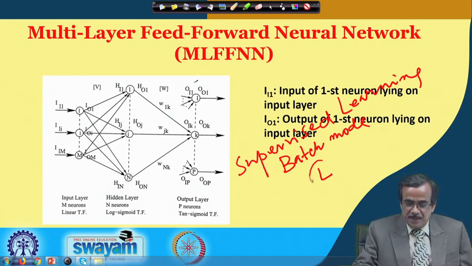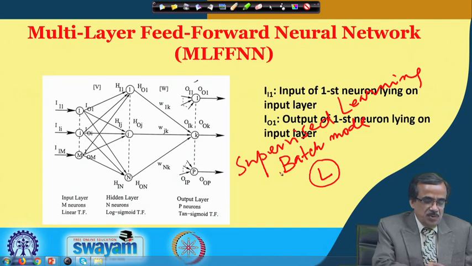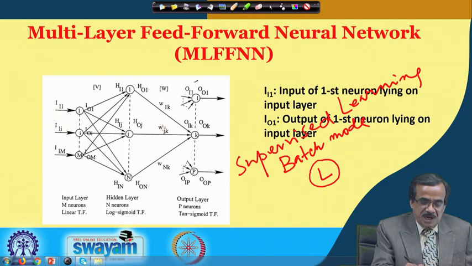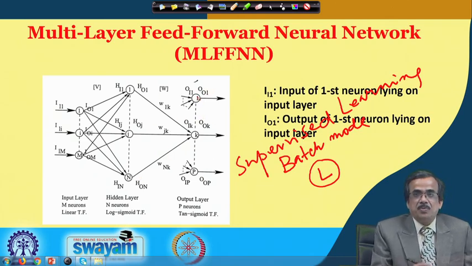Out of this capital L, the first one I am going to pass, and depending on the connecting weights, the coefficient of transfer function and other things, I will get the set of outputs. Now, this set of calculated outputs will be compared with the respective target values just to find out the error.